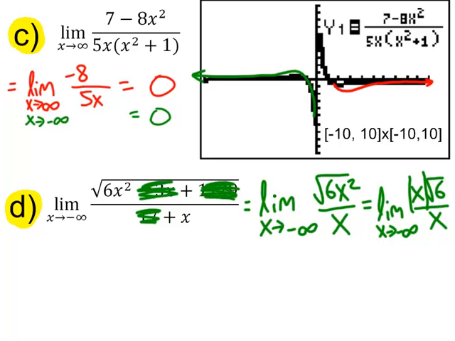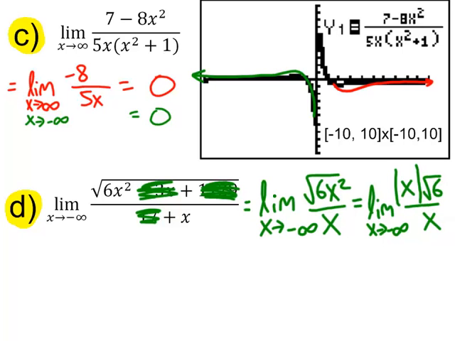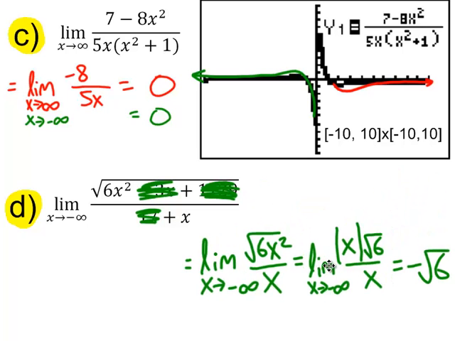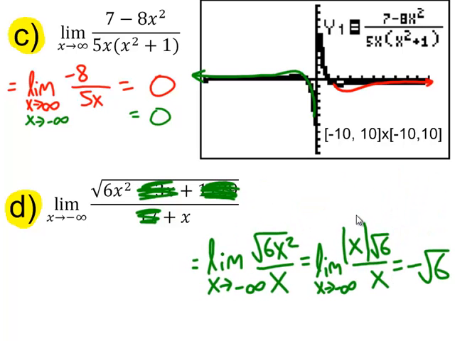And rather than just cancel out the x's, let's space them apart a little bit. Keep in mind that as x approaches negative infinity, negative 100, negative 1,000, negative a million, the absolute value of negative a million over negative a million itself is really going to give us a negative 1, right? So our limit is going to be negative square root of 6. Let's go ahead and move this over.